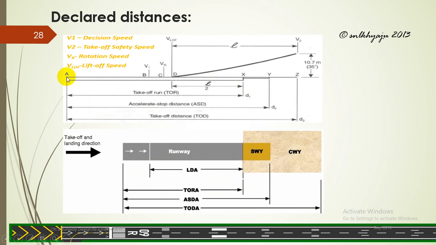Point A is the starting point of the runway, and B is the point representing the velocity V1, the decision speed, and point C representing the velocity VR, that is, the rotation speed, and point D representing the speed VLOF, that is, the lift-off speed, and X, Y, Z. At the point Z the aircraft will be 35 feet above the ground, and the respective velocity will be V2, that is, the takeoff safety speed.